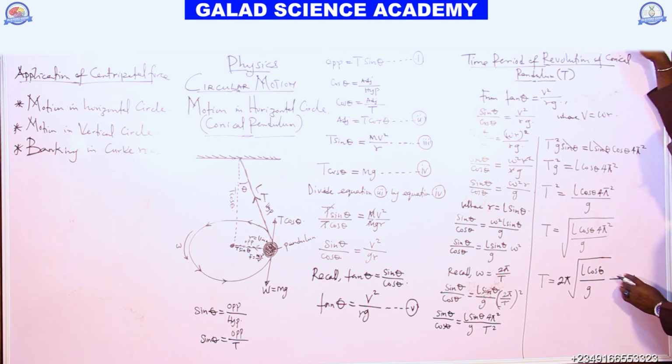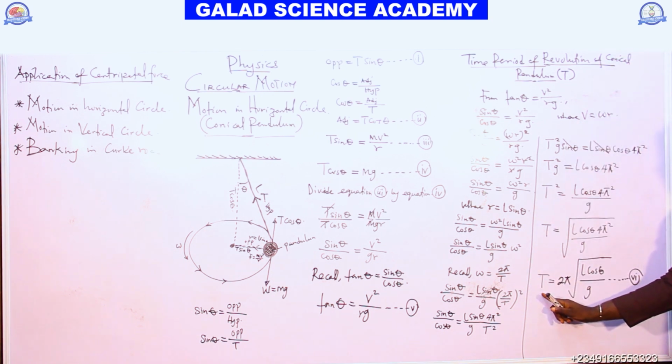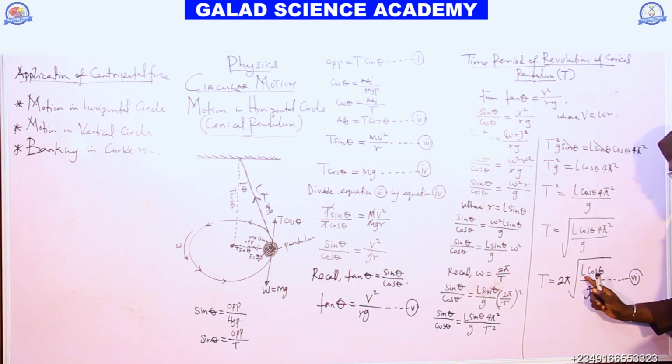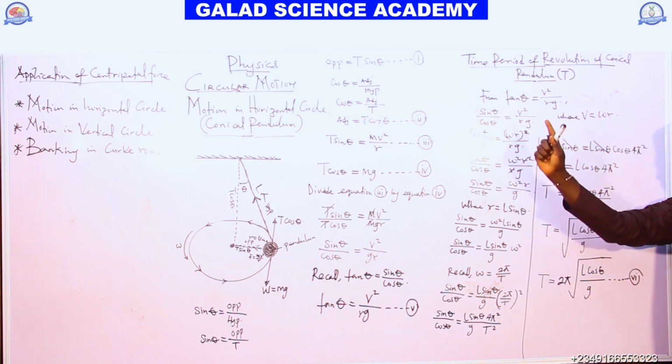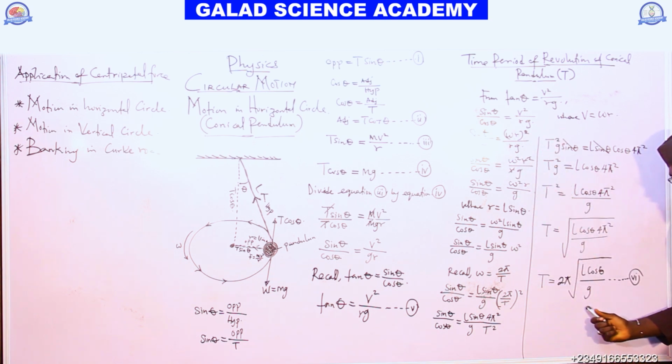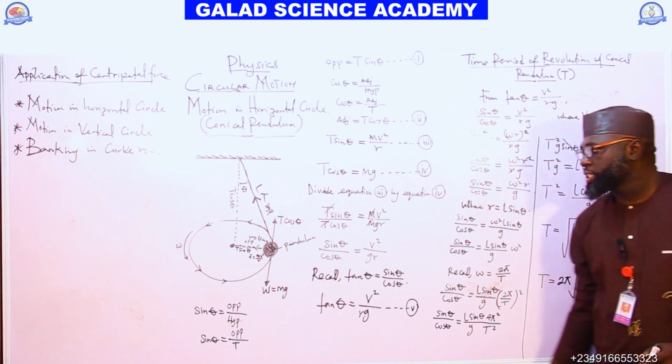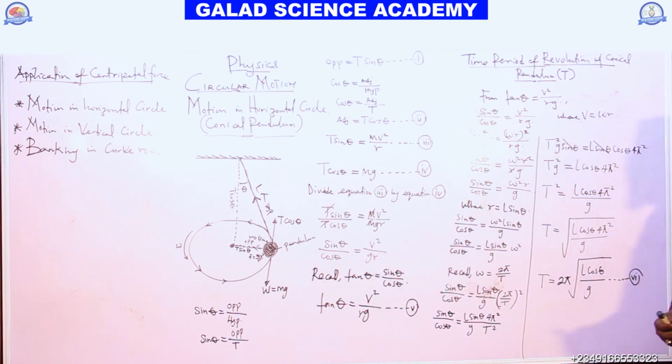Equation 6: period of revolution in the conical pendulum, 2 pi square root of L cos theta over g. This L is the length of the swing. g is acceleration due to gravity. Theta is angular displacement.